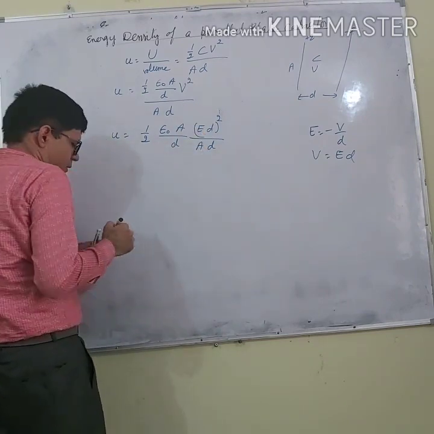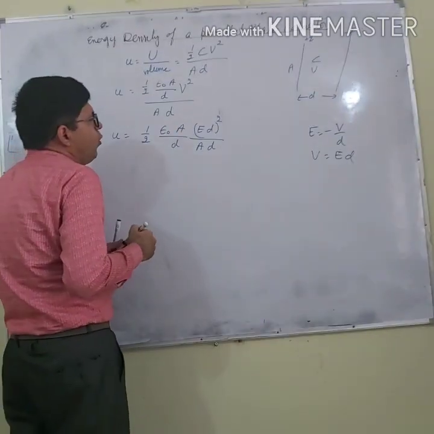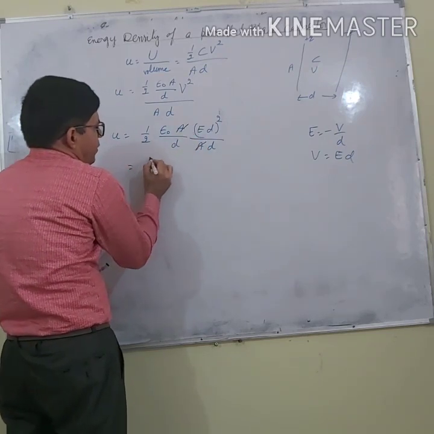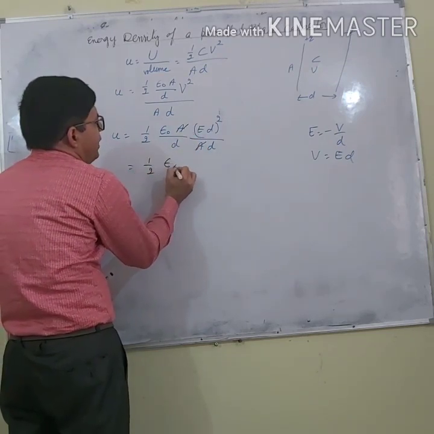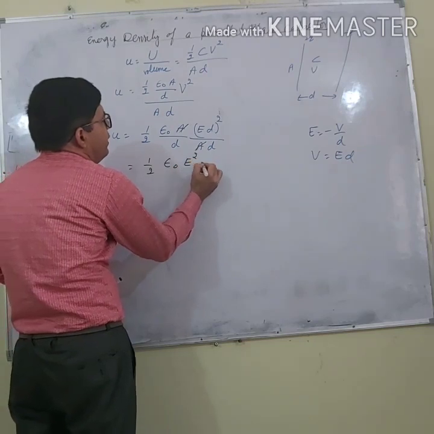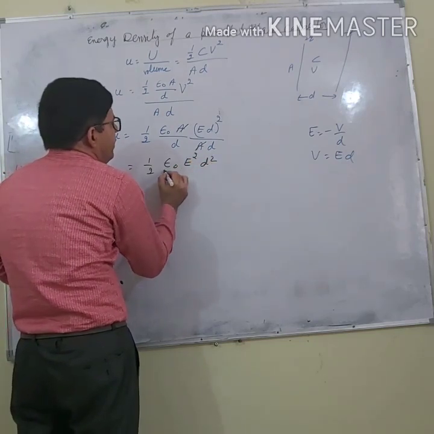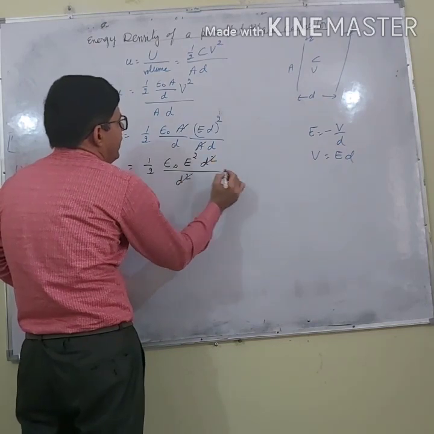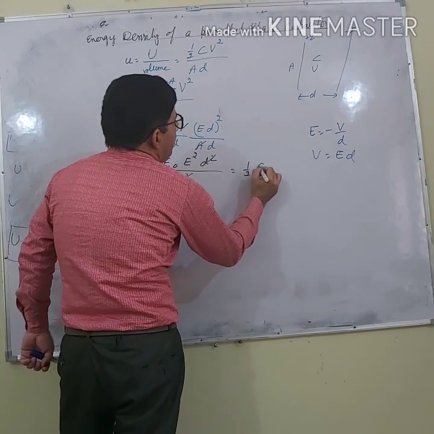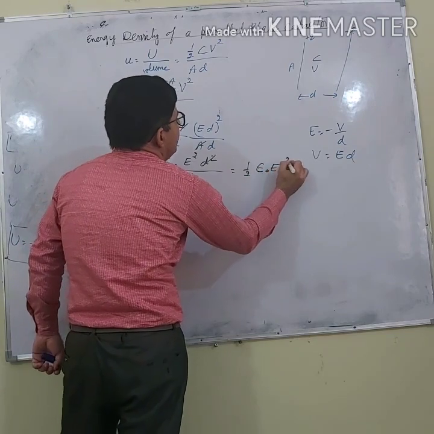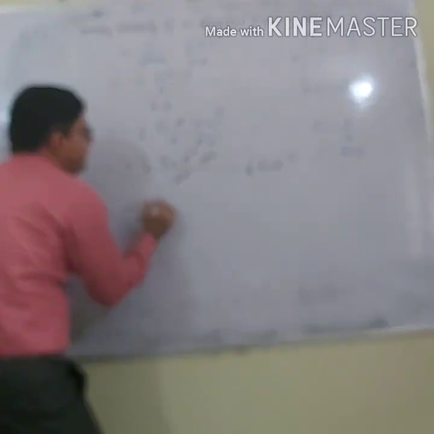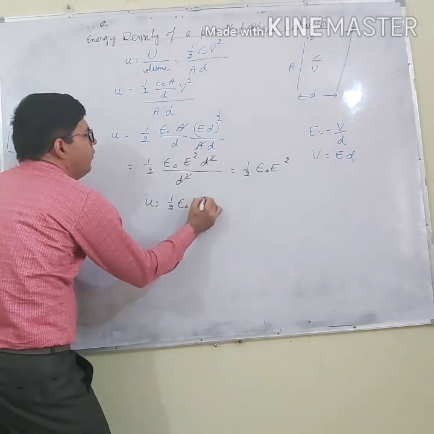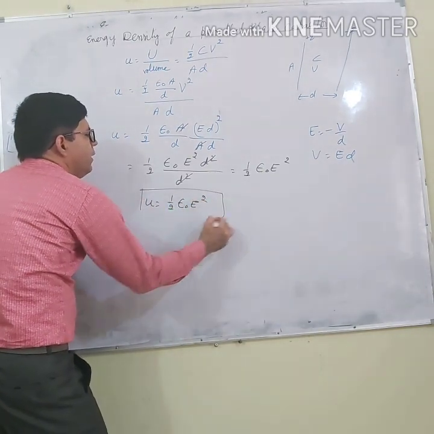Now let's cancel the common terms. A is cancelled, D by D square also gets cancelled. Half of epsilon naught E square. So the energy density of a parallel plate capacitor is half epsilon naught E square.